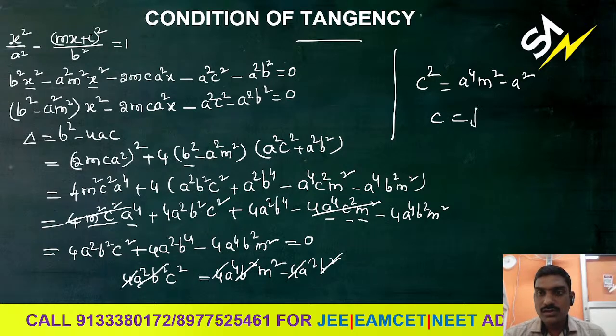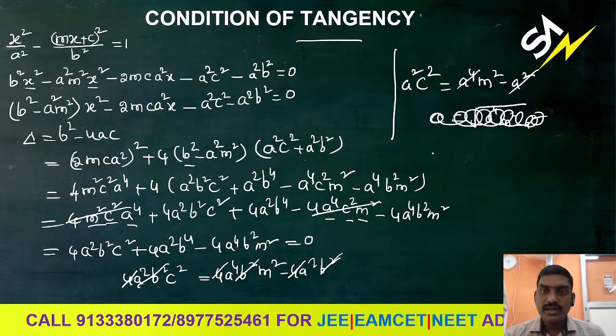So c is equal to under root of a power 4 m square minus a square. Okay, 4b square cancel, 4b square cancel, a square c square, and here again a square is there. So a square and a square also get cancelled.